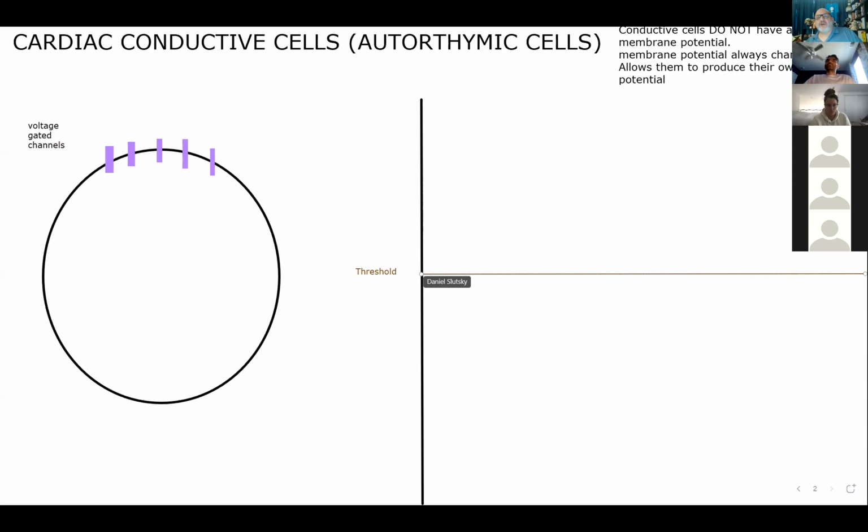When we reach threshold, we know that voltage gated channels are going to open. And a massive number of these channels are going to open. And we're going to have a massive influx of positive ions. And we're going to have a big, fast, rapid depolarization. And of course, we know a big, fast depolarization is our action potential.